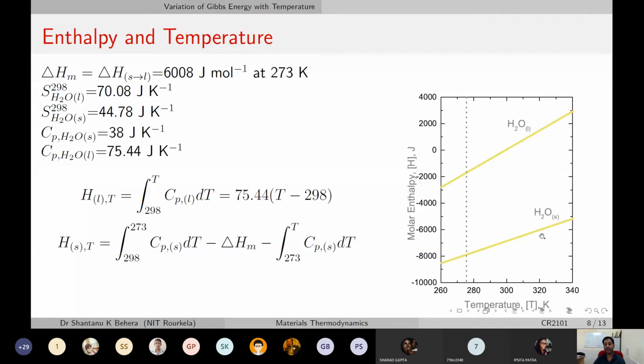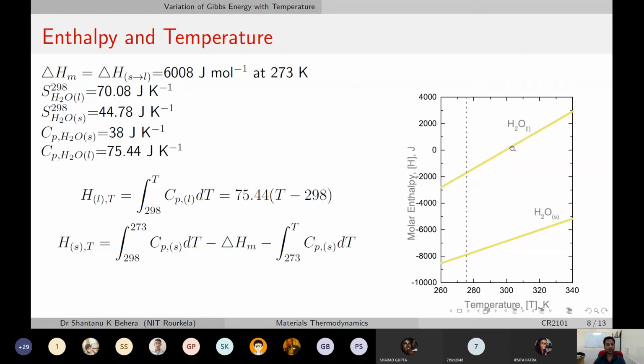What do I do? I come from 298 to 273 on the liquid water curve. How do I do that? I integrate the liquid water curve from 298 to 273, which is what's written here.